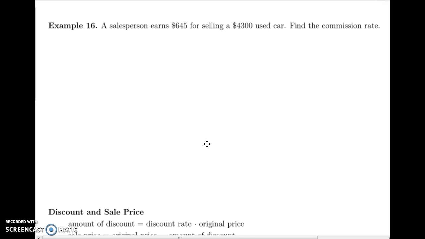Alright, so hopefully you tried this one on your own instead of just letting it keep playing. We're looking for the rate, so this is just like example 14 when we were looking for the sales tax rate. So again, a couple different ways to do it. One way would be that your commission, $645, is equal to your commission rate times your sales, $4,300.